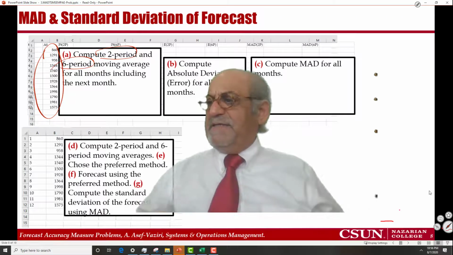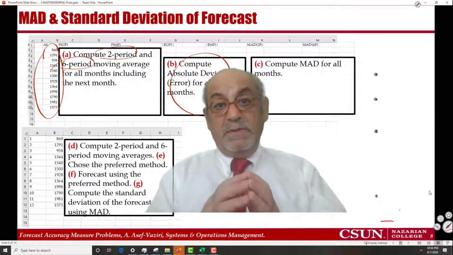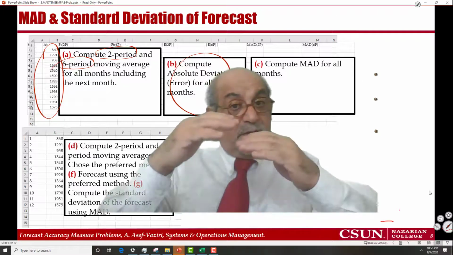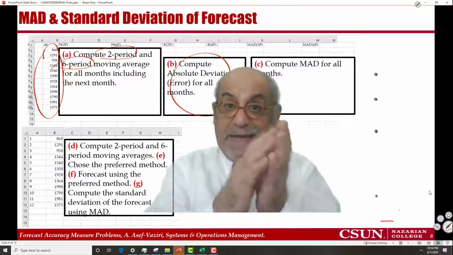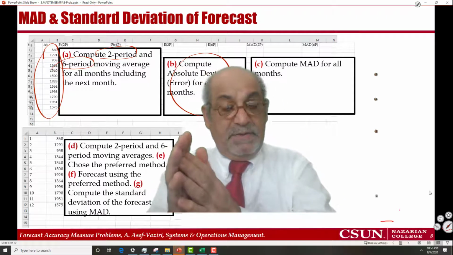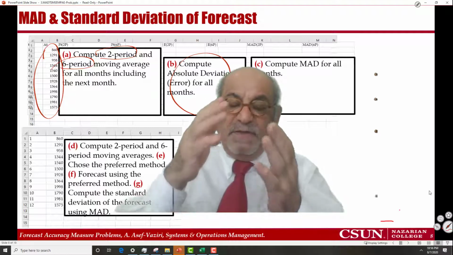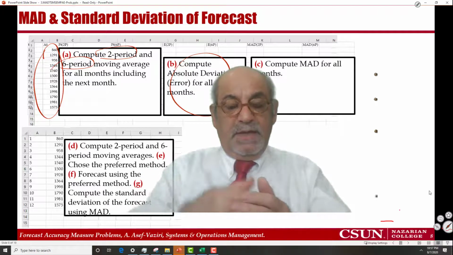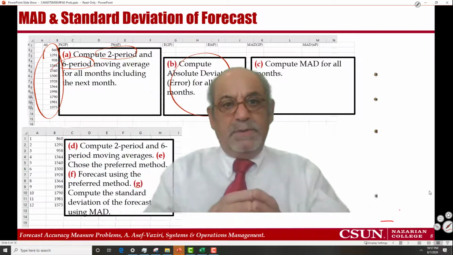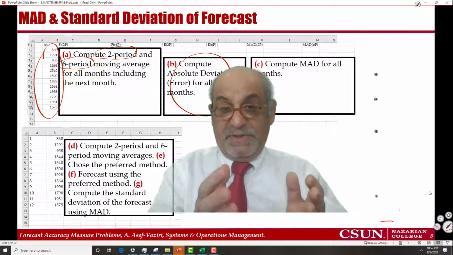After that, the problem asks for absolute error. Therefore, in the periods where I have both actual and forecast, for example, for 2-period moving average, I have a forecast from period 3, and then I go down to period 24, but for period 24 I don't have actual.